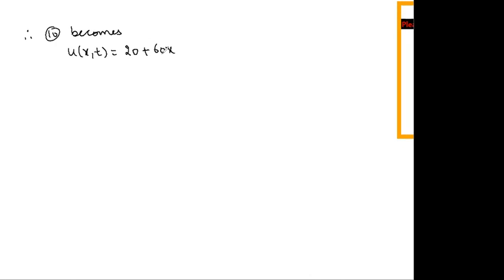Therefore, 10 becomes u(x,t) equal to 20 plus 60 x by L, no change in these first two values. C1 was 0, and we are left with C2 sin px, C3 e to the power minus c square p square t.